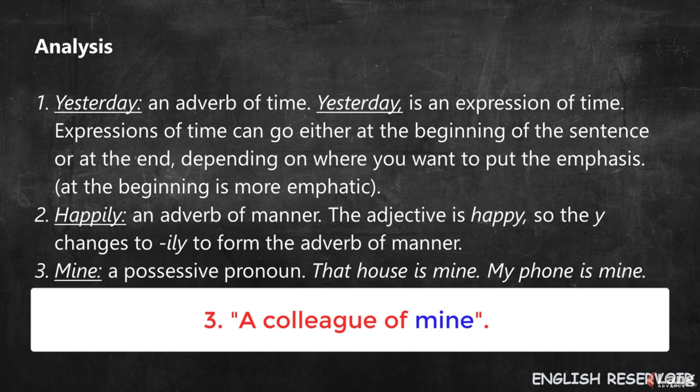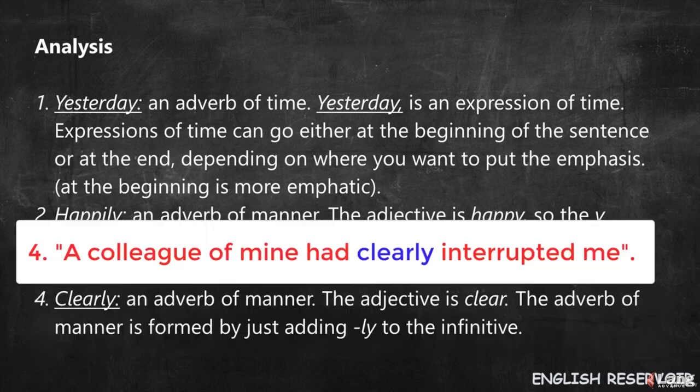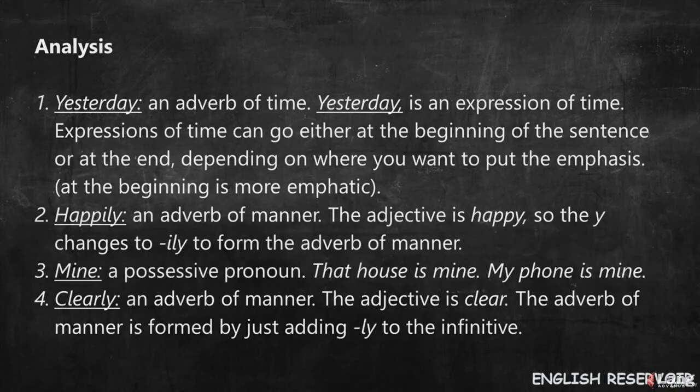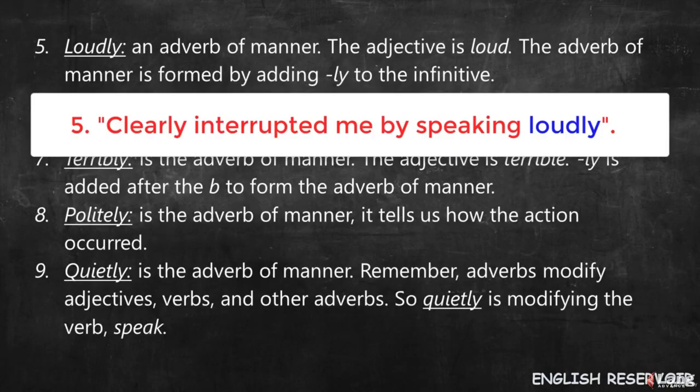3. Mine. A possessive pronoun. That house is mine. My phone is mine. 4. Clearly. An adverb of manner. The adjective is clear. The adverb of manner is formed by just adding ly to the adjective. 5.